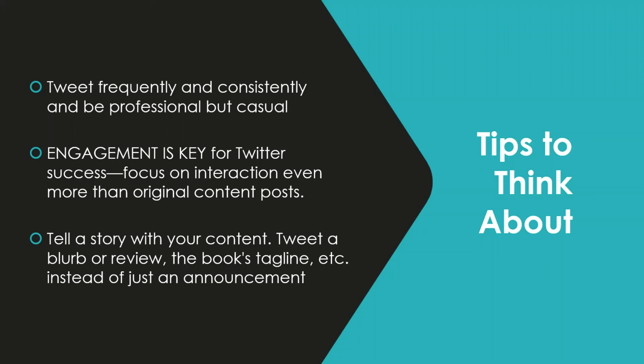Also, make sure when you are tweeting original content that you are telling a story with it. If you want to talk about a new book you're getting in, instead of just saying, hey, it's a new release, you can tweet a blurb or review about the book. You can make a graphic and have the book's tagline in it. Make it interesting.